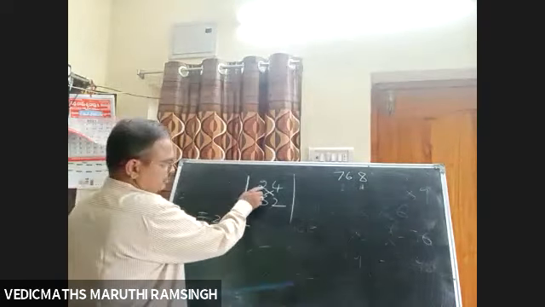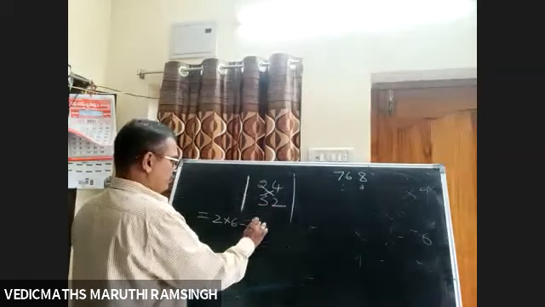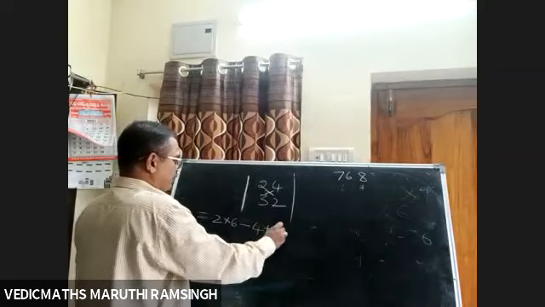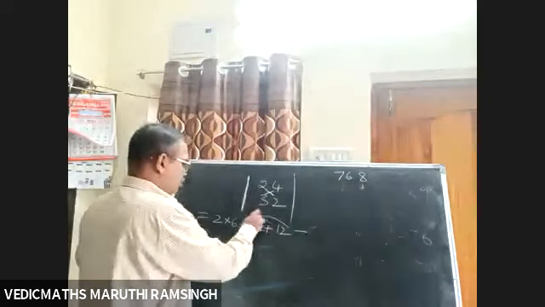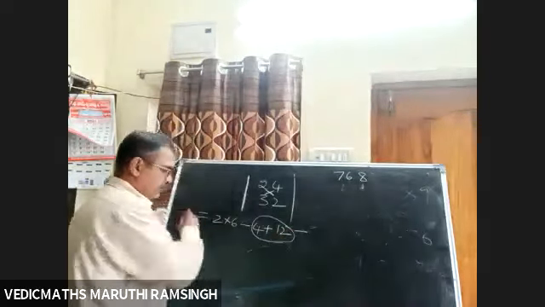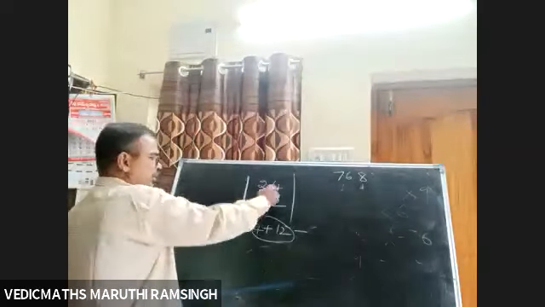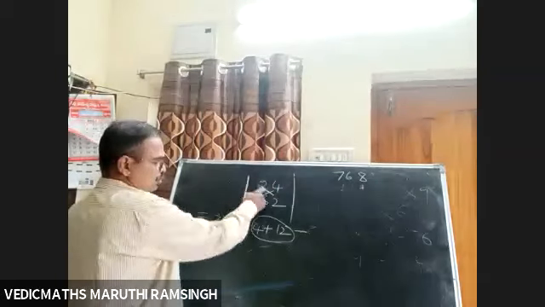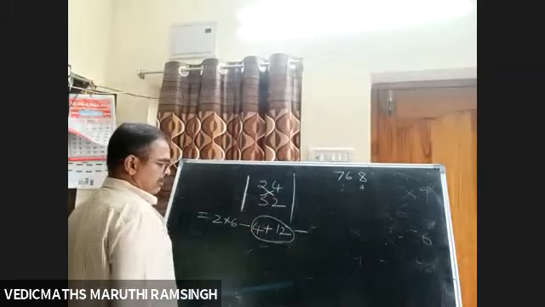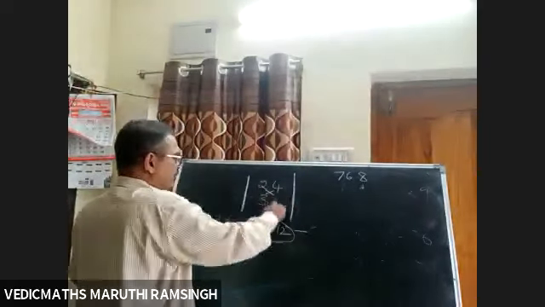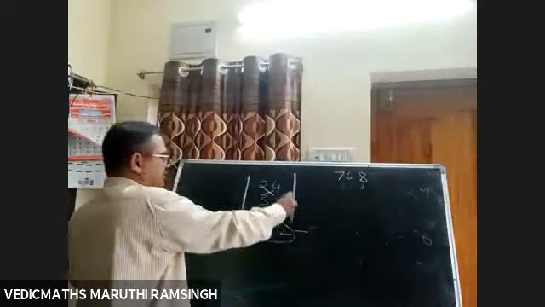Crosswise, 2 into 2, 4, plus 3 into 4, 12. The total makes the middle number. Two crossroads make the middle number. And again come to right side vertical. 4 into 2 are there along with this vertical line.